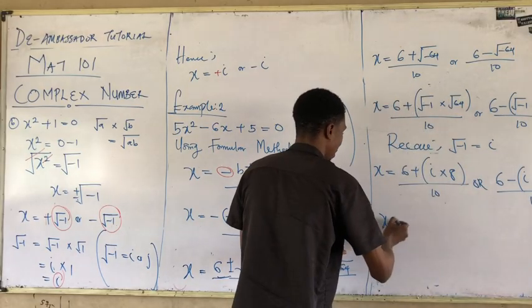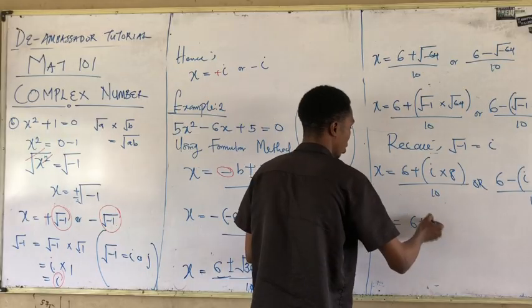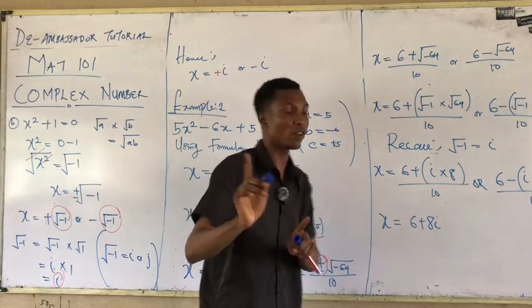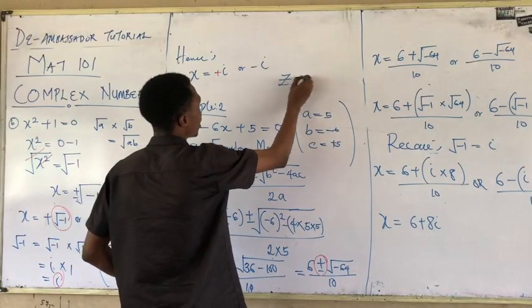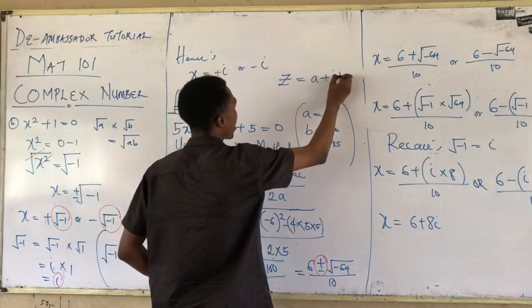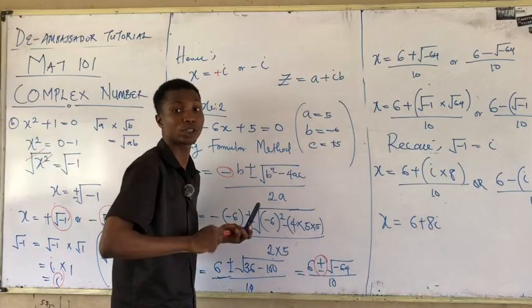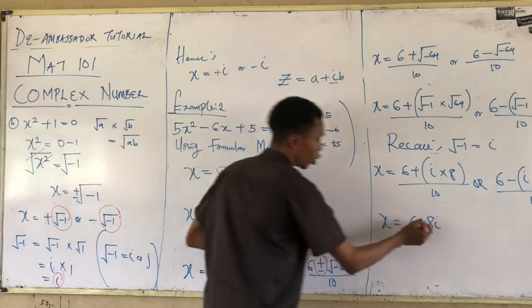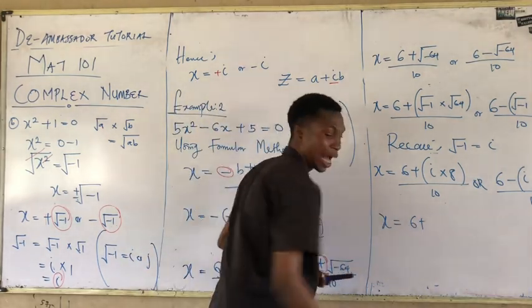Then I have x equals 6 plus I times 8 is 8I. But that's wrong. Don't forget, I gave you the format. The format is, when we say the complex number is a plus ib, you must ensure that the I comes first before the b. So I should come first: I8.